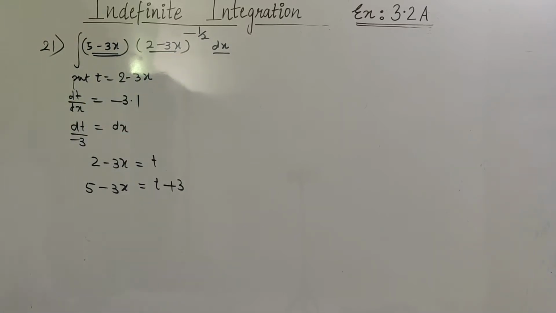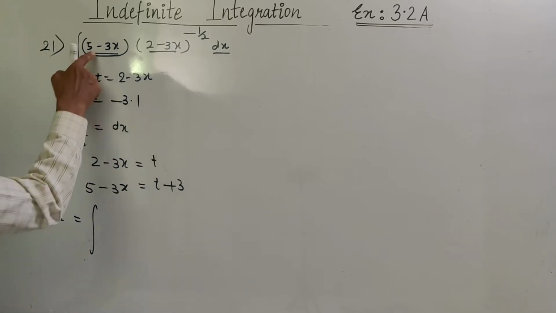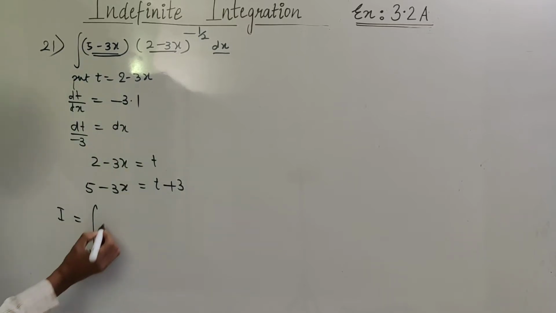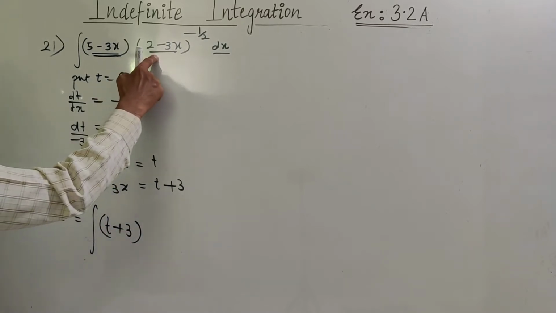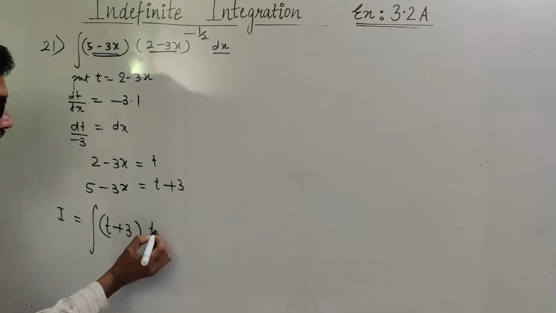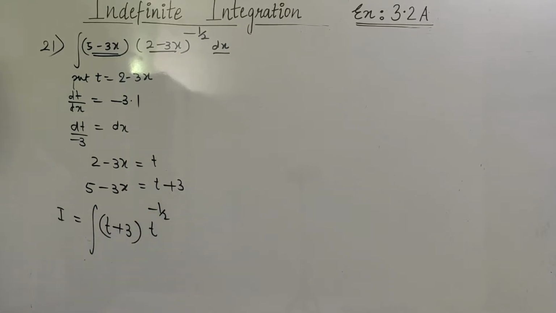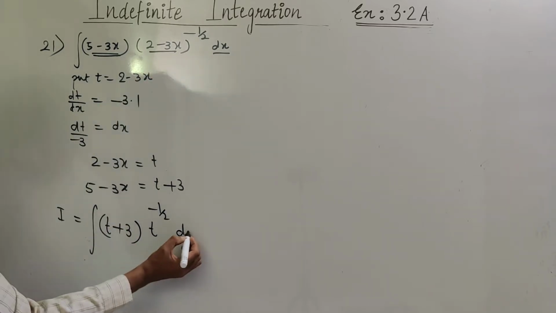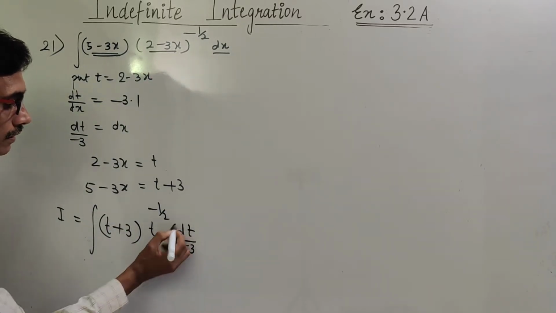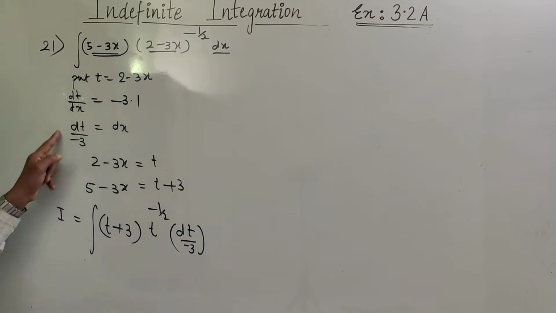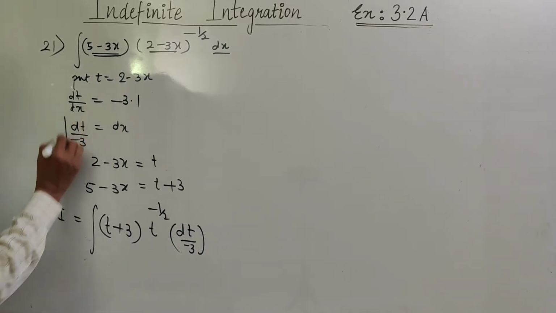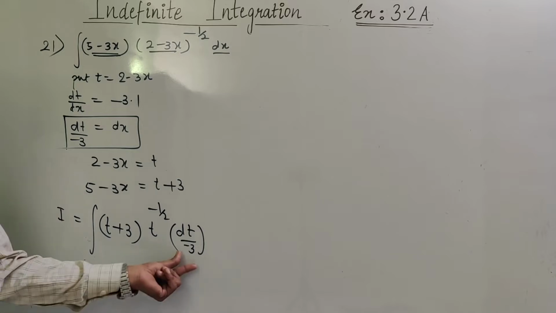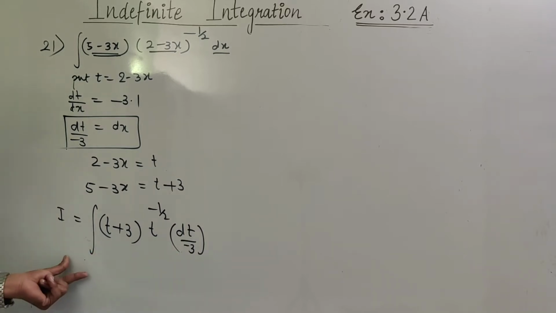So therefore our integrand I will be equal to, in place of this you can write t plus 3, लिखेंगे हम इसमें, and 2 minus 3x that is equal to t, जो कि रेडिकल साइन में है, raised to power minus 1/2, and dx is equal to what? dt upon minus 3. So this minus 1 upon 3 we'll write outside.